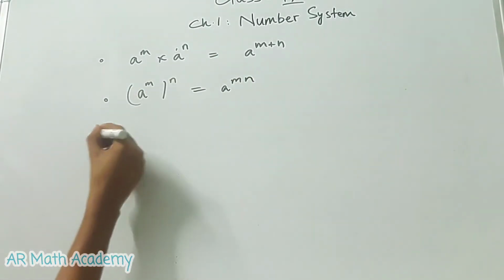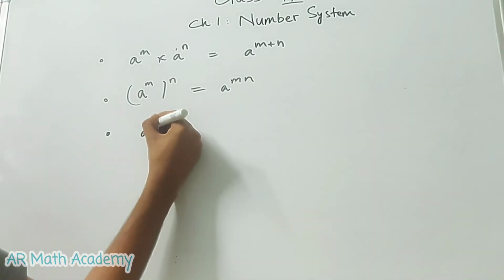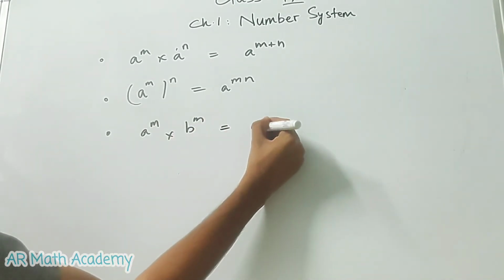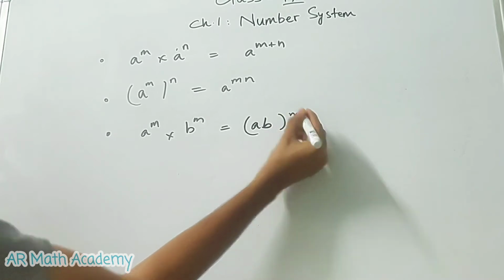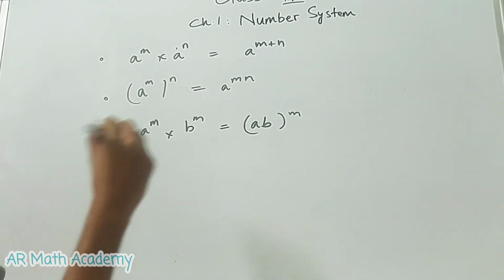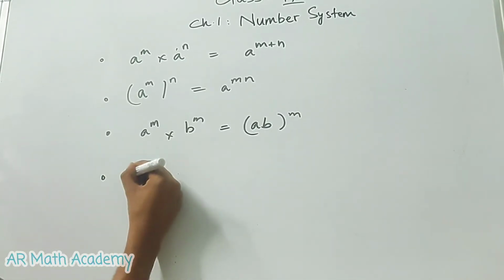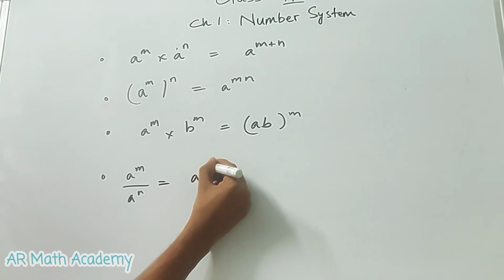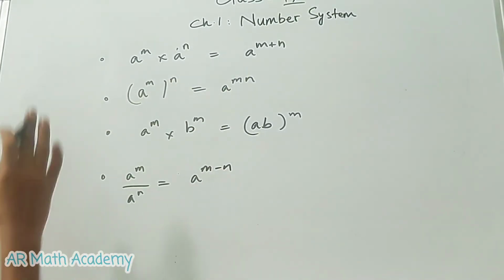This is another law you have studied. Now, a power m times b power m, you have the same powers, equals ab the whole power m. This is another law you have studied already in your 8th standard. And another law is a power m divided by a power n equals a power m minus n.